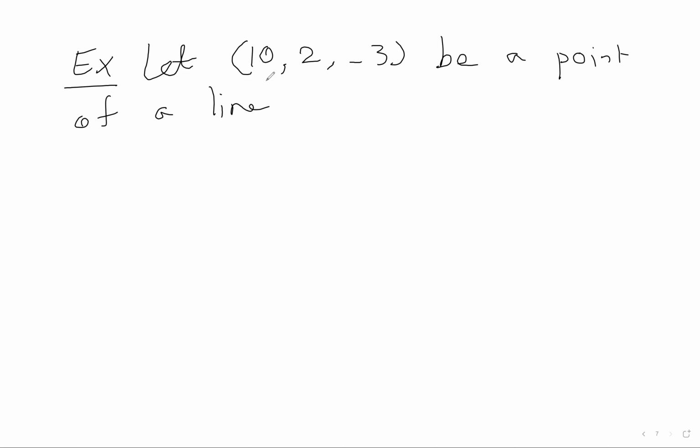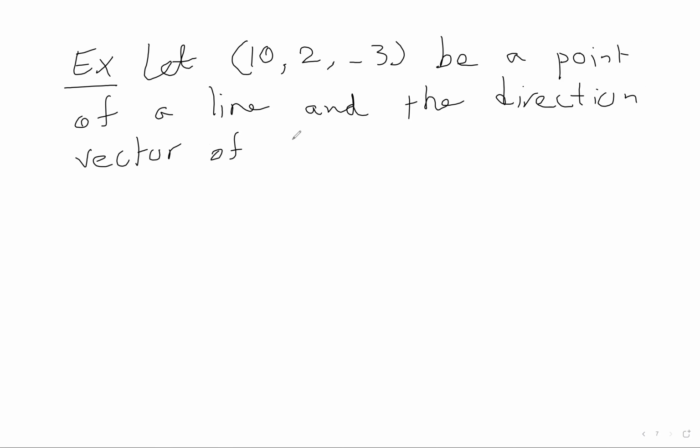For example, let 10, 2, and -3 be a point of a line, and the direction vector of the line is the vector 4, 7, and -5.